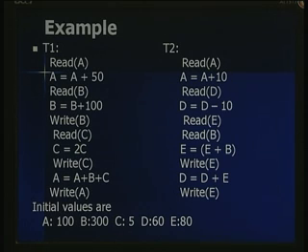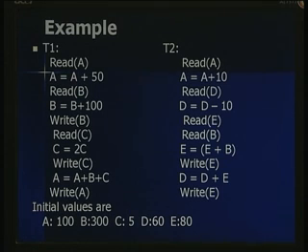We will take a very simple example in this case to see how two transactions can execute, writing their logs. In this particular case, T1 and T2 are shown. T1 is reading certain data items and writing certain data items. Similarly, T2 also is reading and writing certain data items.